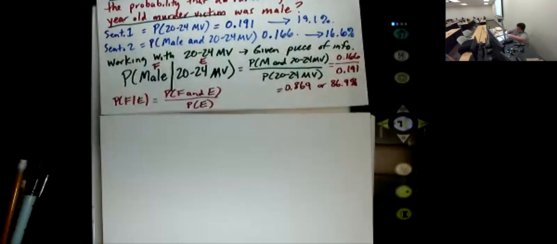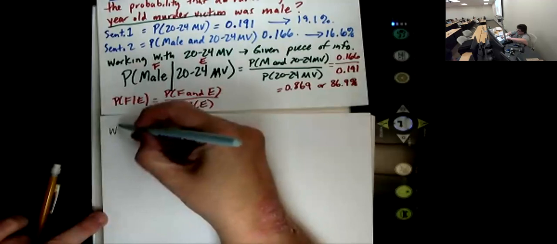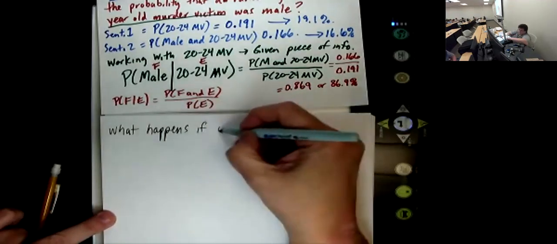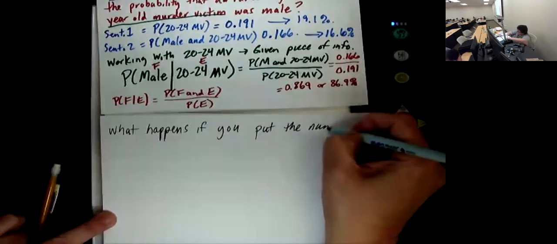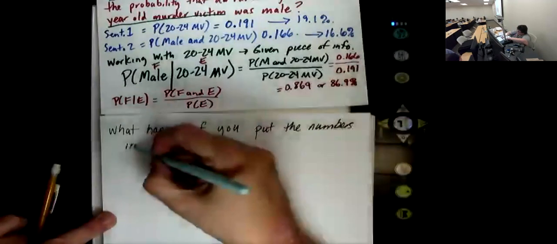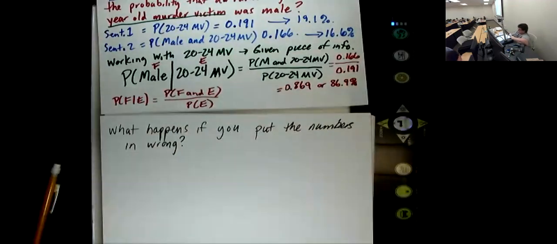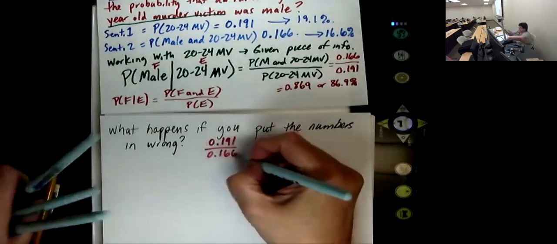I do want to point out what happens if you do this upside down. What happens if you put the numbers in wrong? What I mean by that is putting the 0.191 on top over the 0.166.